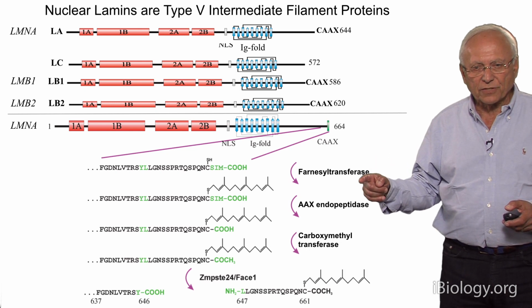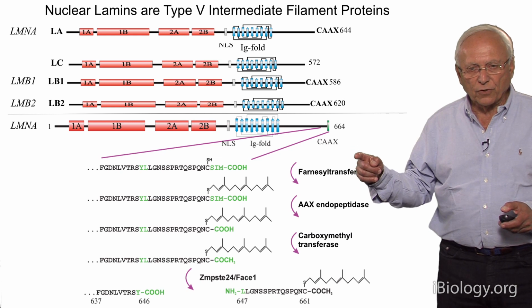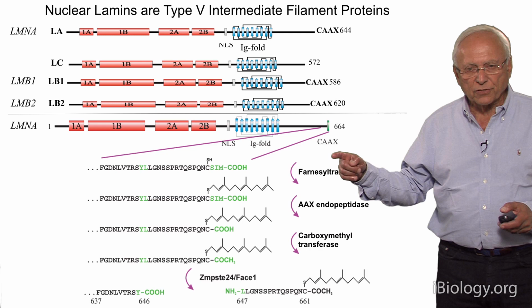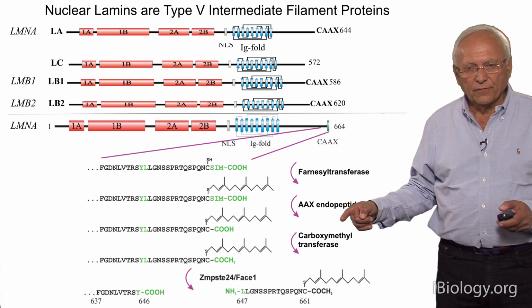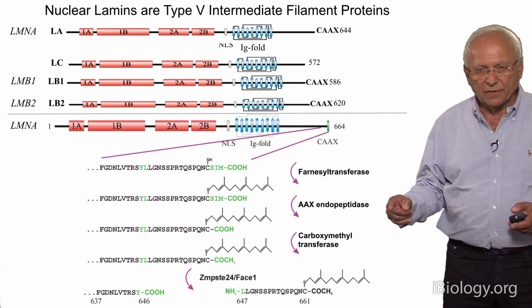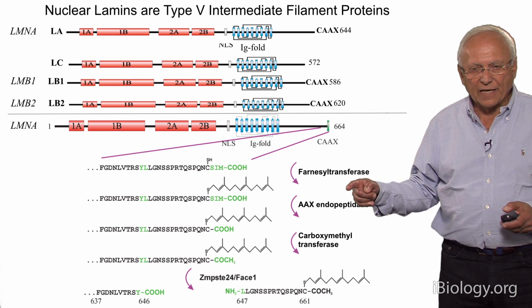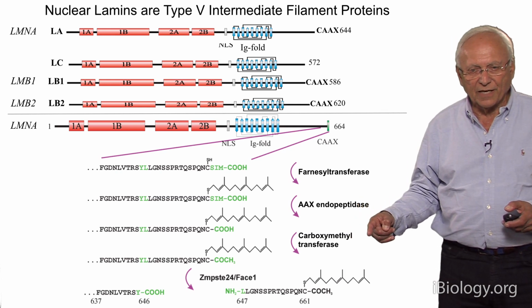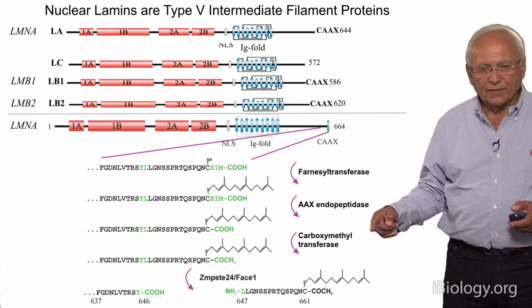So the CAAX box is a signal for an enzyme, farnesyl transferase, to transfer a farnesyl lipid group to the cysteine residue in the C-terminus. And this is a signal for an endopeptidase called the AAX endopeptidase, which removes the 3 amino acids, the AAX, at the C-terminus. And this is a signal for the carboxymethylase to then place a methyl group on the cysteine residue.